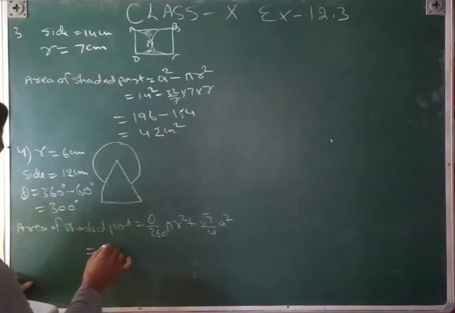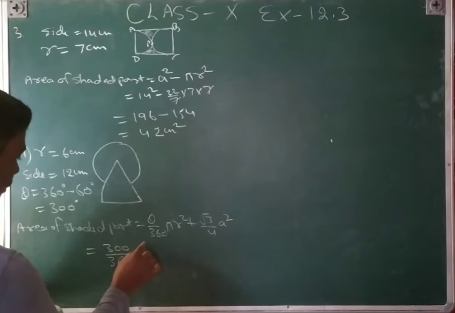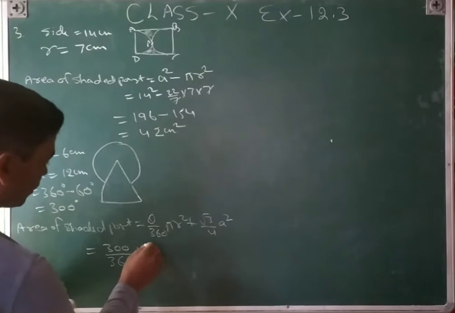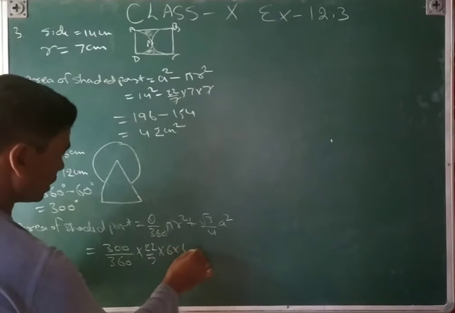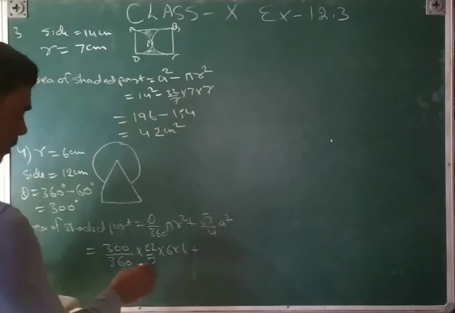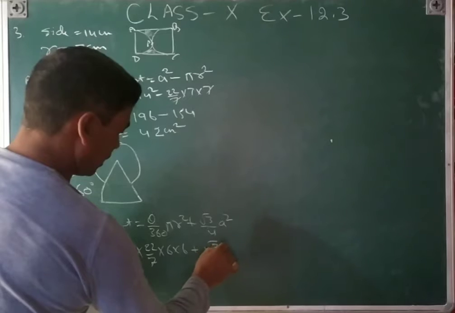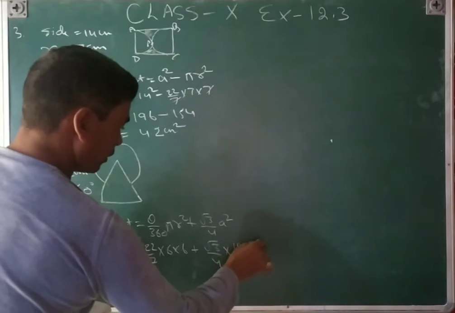That theta is 300 upon 360 into pi; the value is not given, so 22 upon 7 into 6, plus that will be under root 3 upon 4 into side, which is 12 into 12.